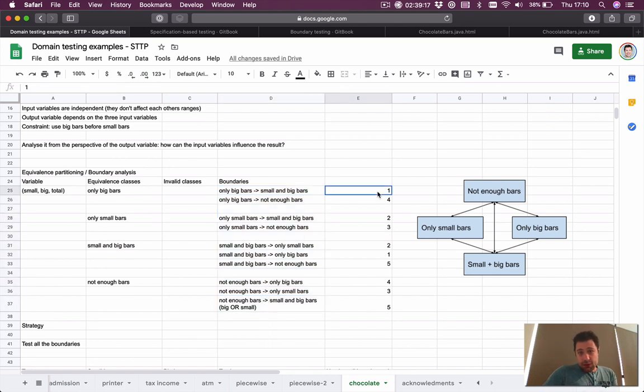I even grouped them, I gave them numbers because they have a relation, right? Both sides are basically the same test, right? So if I exercise this boundary here, for example, only big bars going to small bars and big bars, maybe the test I devised for this already exercises the other way around. So small and big bars going to only big bars.